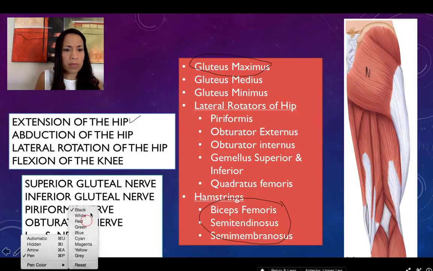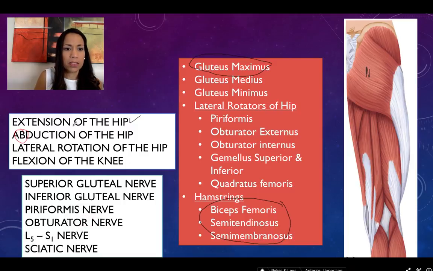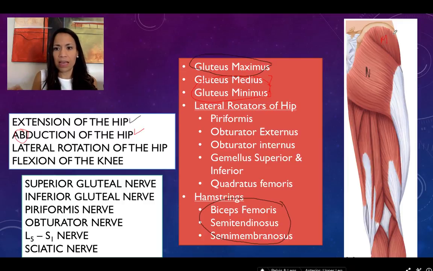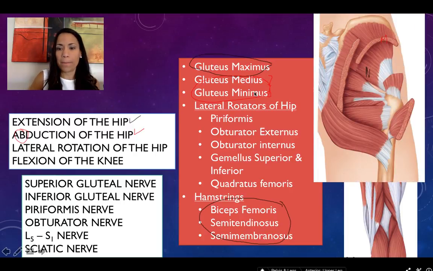Now, what else? Let's see. All the muscles that can abduct the hip. Who can abduct the hip? Especially gluteus medius and gluteus minimus. This is the medius. When you peel that, you cut that, you can see minimus underneath that, or deeper to that. All the lateral rotators of the hip are synergist to the gluteus medius and minimus, okay?